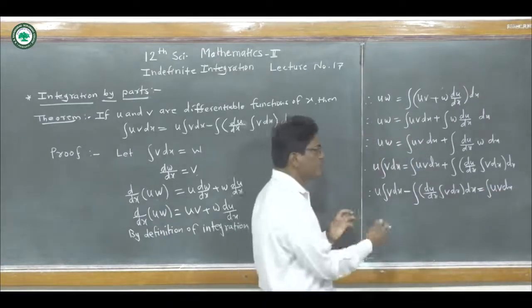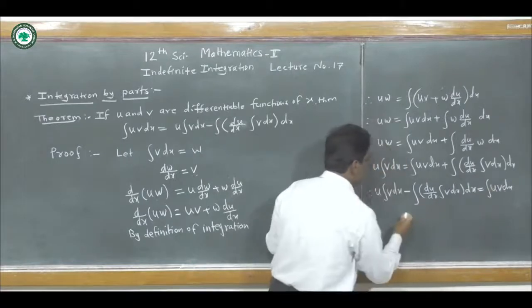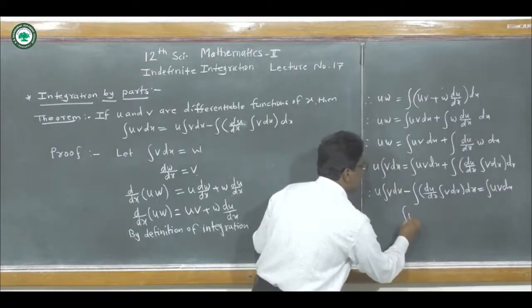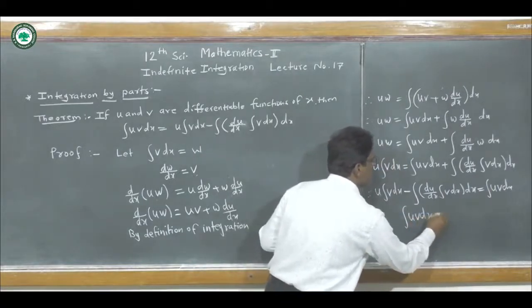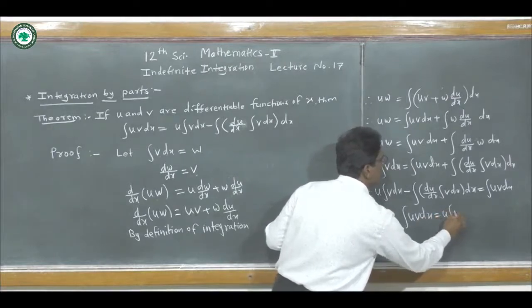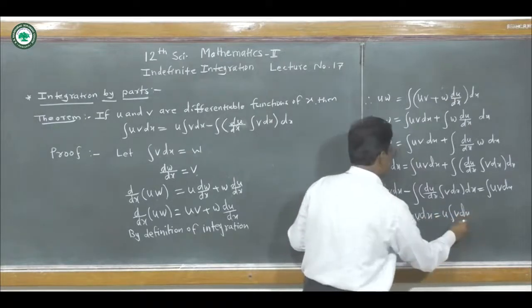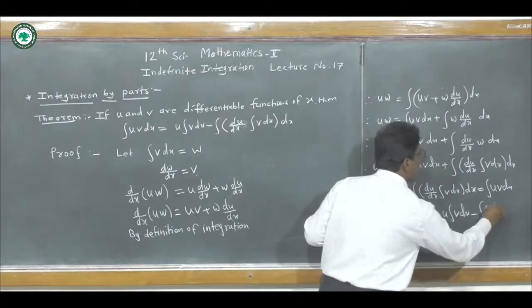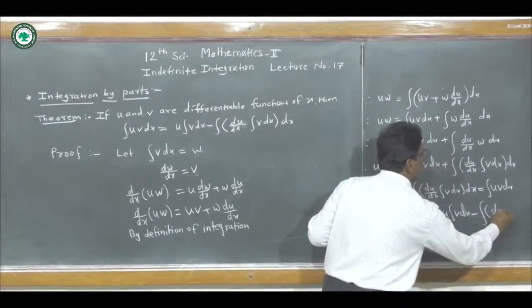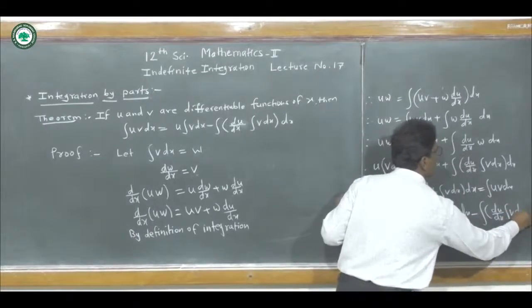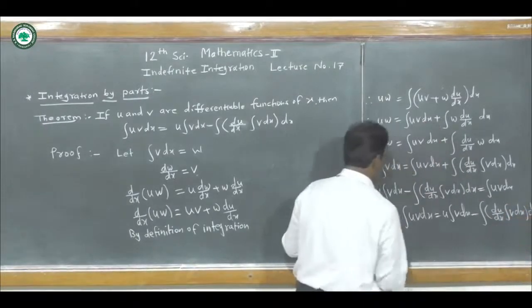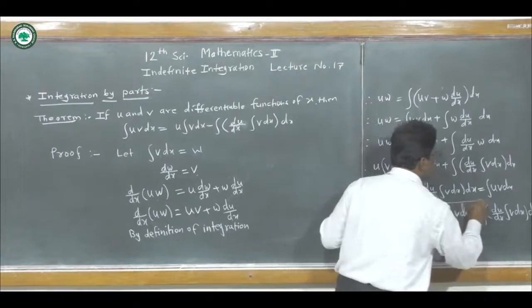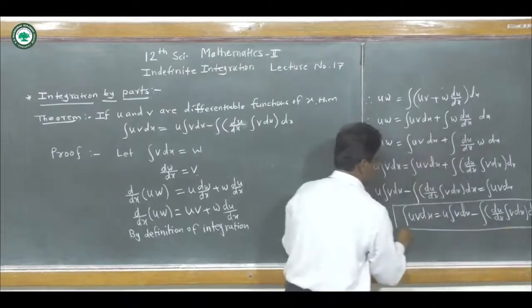Now we change the side only, so on the left side, integration of uv dx is equal to u into integration of v dx minus integration of d by dx of u into integration of v dx with respect to x, and this is the proof of this theorem. Hence the proof.